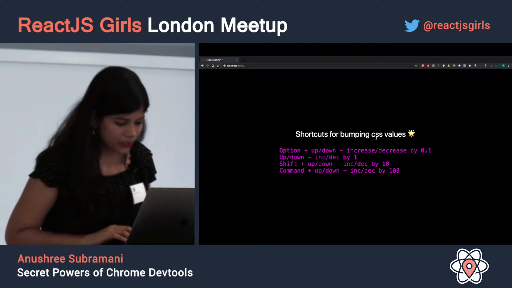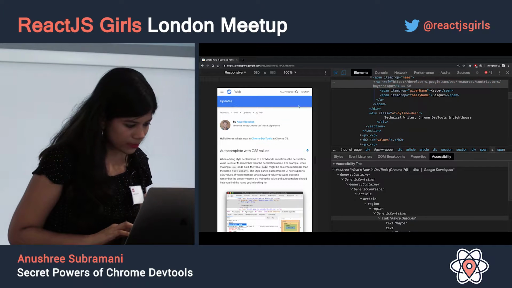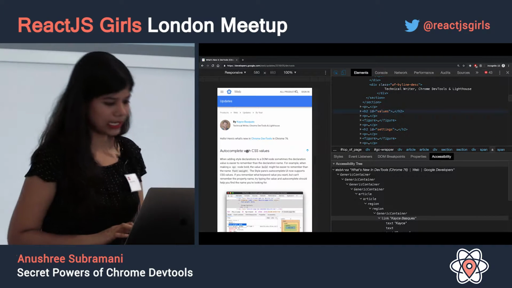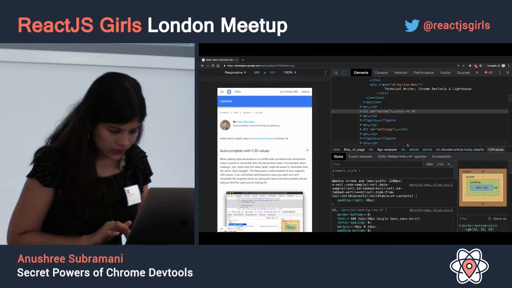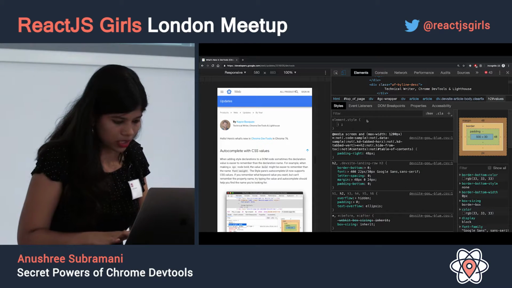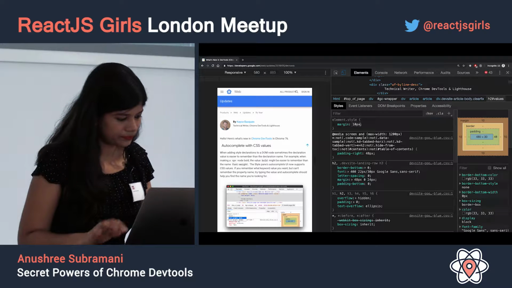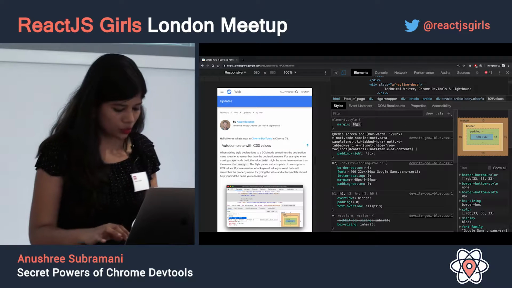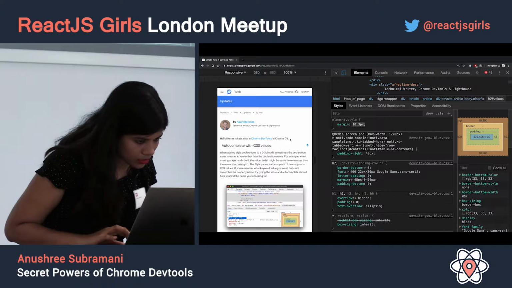So if you hold on Option, then let me just show you quickly. Let's inspect something. Okay, let's inspect this heading right here, right? So let's go to Styles, and let me add a margin, right? So let's say 10 pixel. Okay, so what I'm going to do right now is I'm going to hold Option, and then, is that changing?